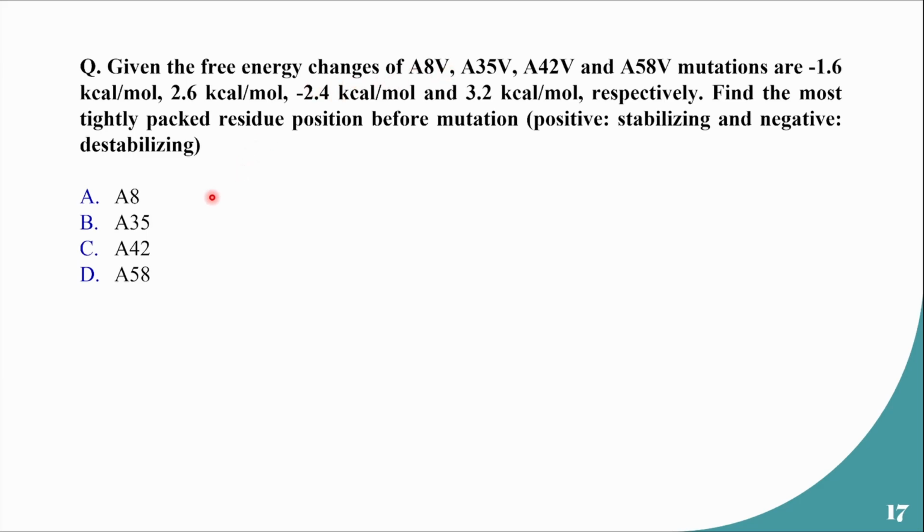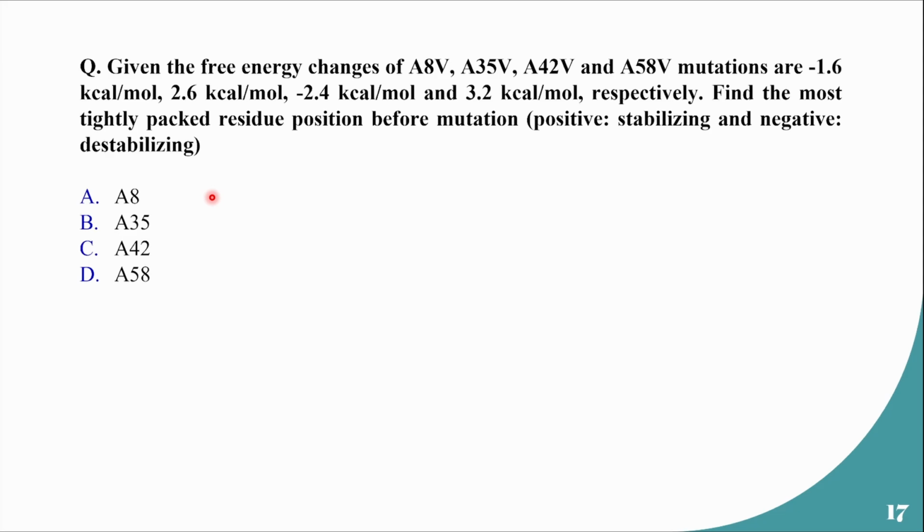So first you have to identify, since positive is stabilizing and negative is destabilizing, which of these are showing stability and which are showing destabilization, and it is asking what was the most tightly packed residue before mutation. That means that if it was the most tightly packed, since the mutation is alanine to valine, again a small amino acid residue to a larger one, if it was already tightly packed, then after mutation it should create some steric hindrance, right?